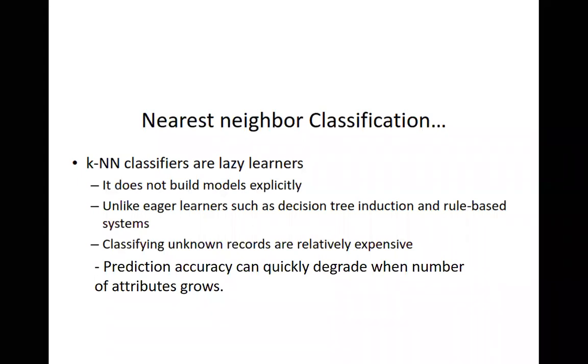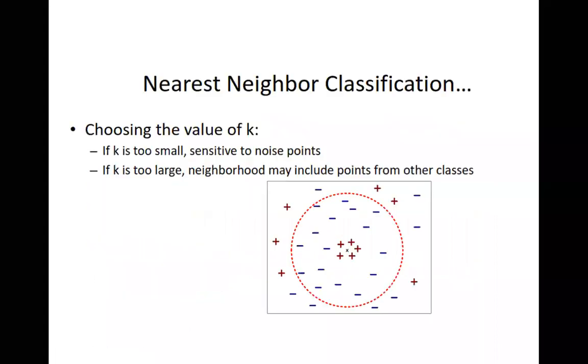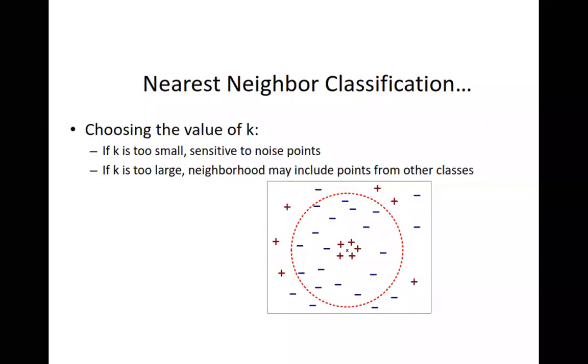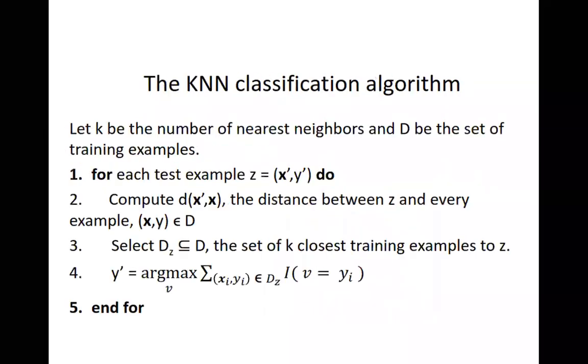Now I will not again solve any mathematical problems on this. In textbook also, they have given just this algorithm. The only thing is you need to understand what is KNN and how it works. In exam also they will just ask you to explain KNN algorithm or explain KNN.